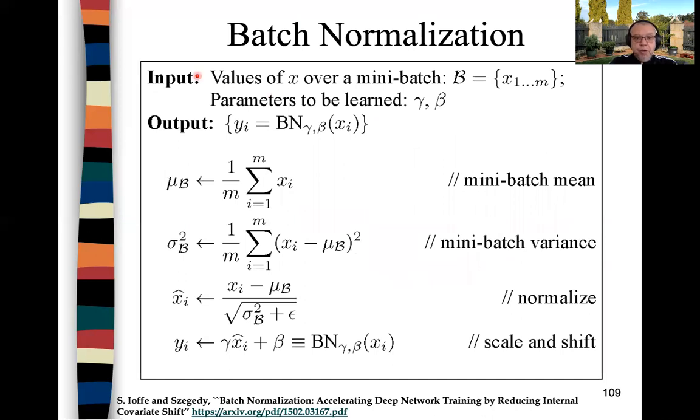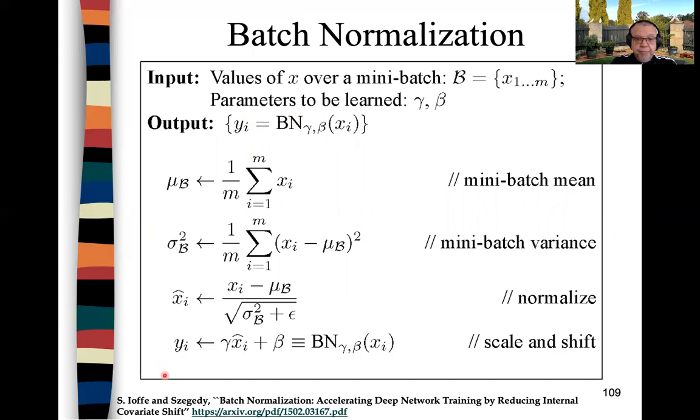So how do you perform this batch normalization? Let's say you have at your input values of x of a mini batch. These are your activations, and what you would like to do is to change these activations to new, normalized activations y.